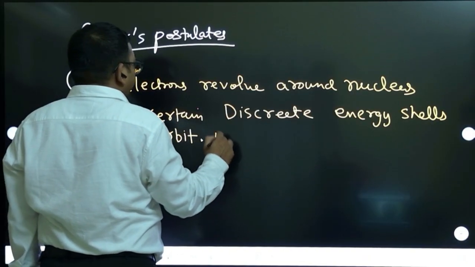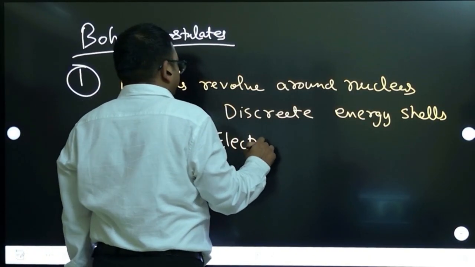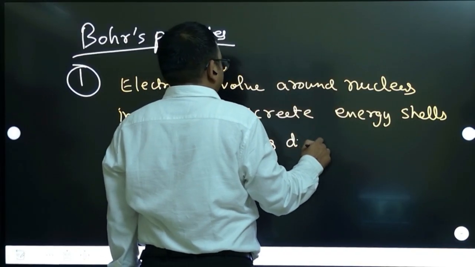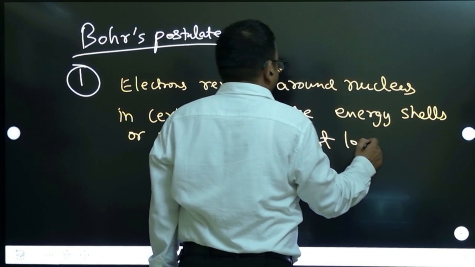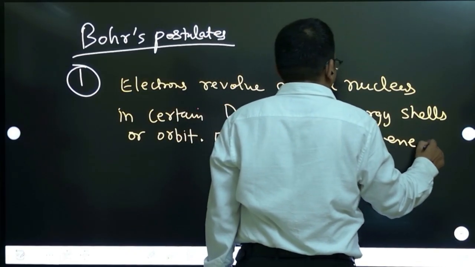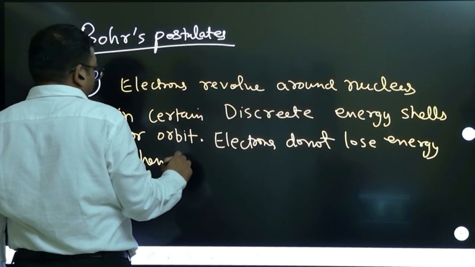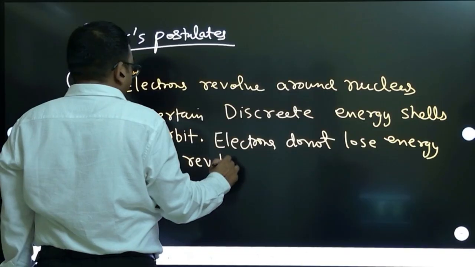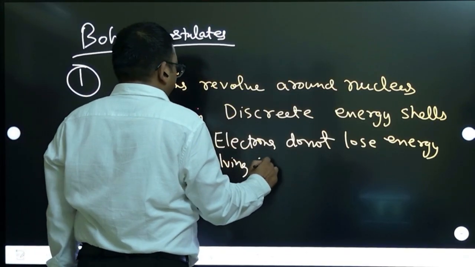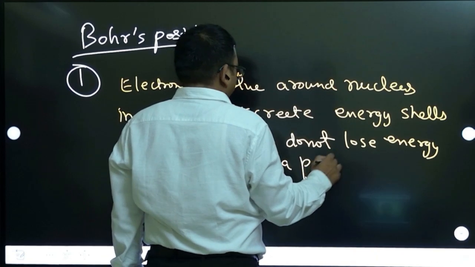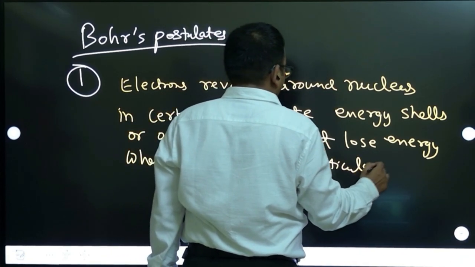Electrons do not lose energy when revolving in a particular orbit.